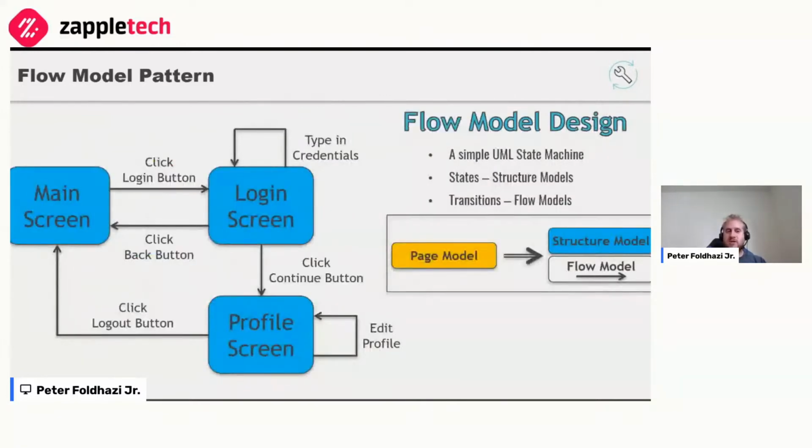Now the reason why I mentioned it is that if you want to show the flow model with diagrams, then it's basically a UML state machine diagram. So you have all sorts of different screens or pages that you're going to interact with, and you have your interactions, for example, the click actions.